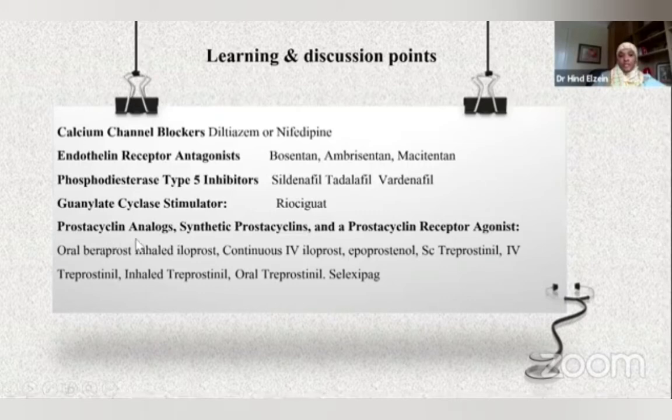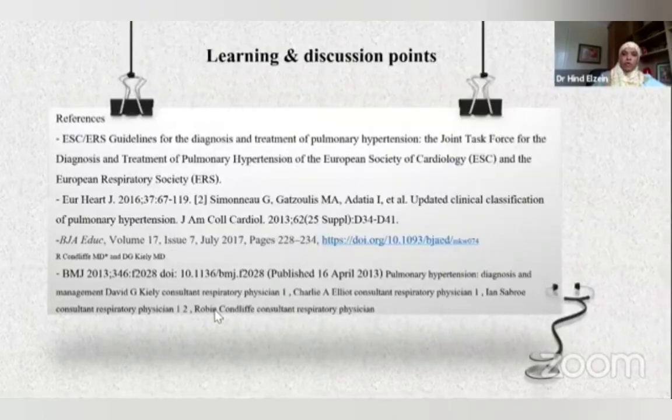We have also the prostacyclin analogs and the synthetic prostacyclins and prostacyclin receptor agonists. They're variable medications, whether monotherapy or in combination, and usually prescribed or recommended by the specialist team in pulmonary hypertension.